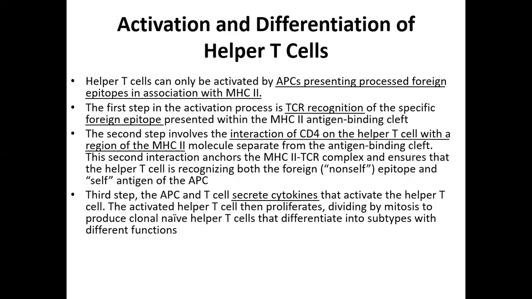This second interaction stabilizes the MHC class II TCR complex and ensures that the helper T cell recognizes both the foreign non-self epitope and the self antigen of the APC. Third step, the APC and T cells secrete cytokines that activate the helper T cell. The activated helper T cell then proliferates, dividing by mitosis to produce clonal naive helper T cells that differentiate into subtypes with different functions.